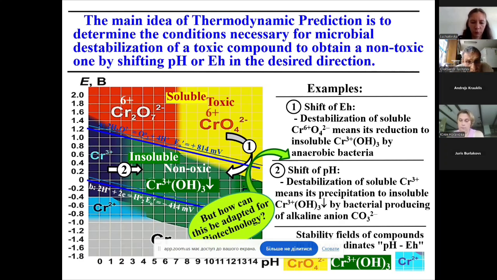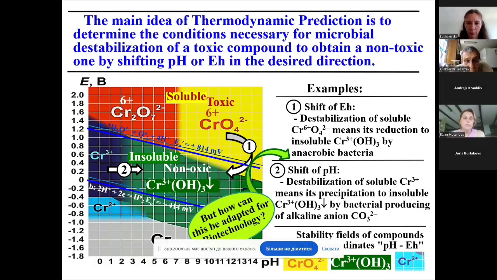It is obvious that in the high potential zone, the red-brown color at left, there are toxic soluble bichromate compounds. At the right side, the yellow zone, there are toxic chromate compounds.